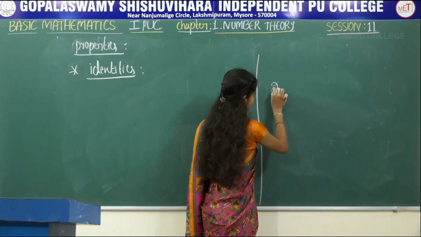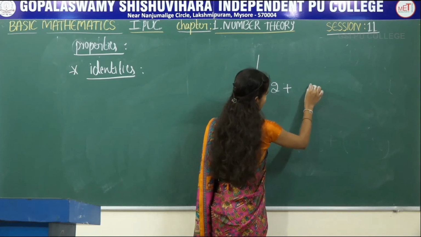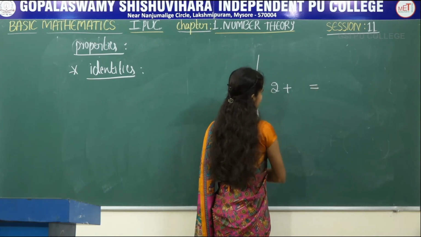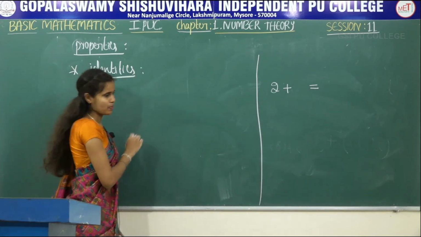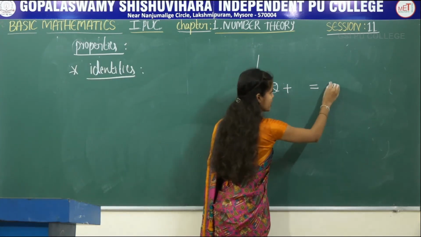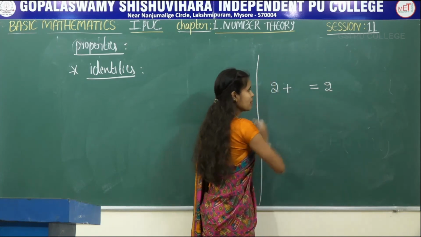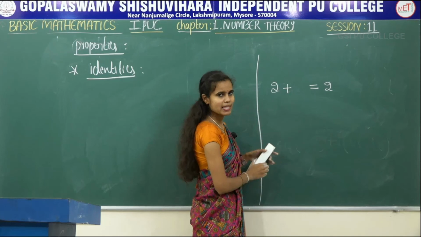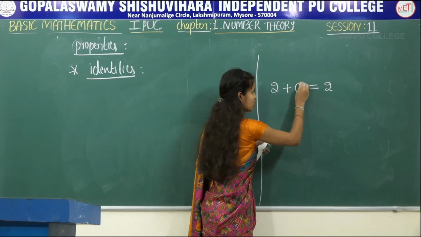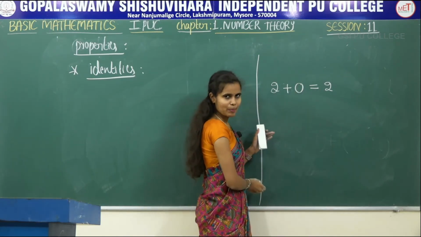Suppose we consider a number 2. The word identity itself says that identity means same. So we want to get the same number. Which number do we have to add to get the same number? The only possibility is 0. If we add 0 here, we get the same number.